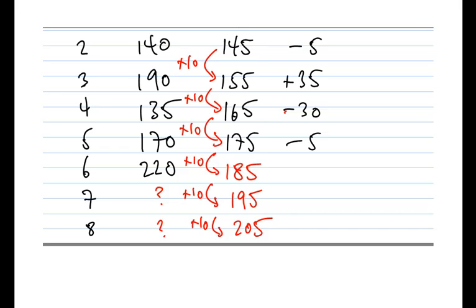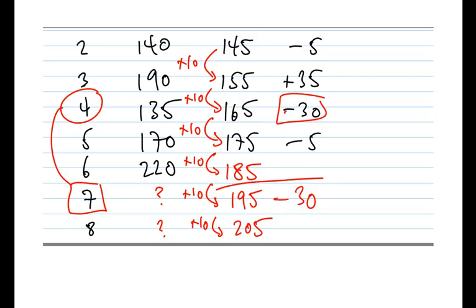Now remember, they are not the figures we'd actually expect to sell because there'll be seasonal variations. So if we're looking at month 7, now month 7, if we think about our 3-period pattern, month 7 should be the same as month 4. And month 4, if you remember, was quite a bad seasonal variation of minus 30.